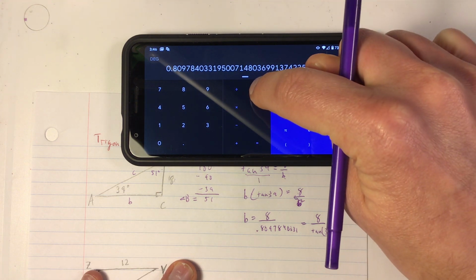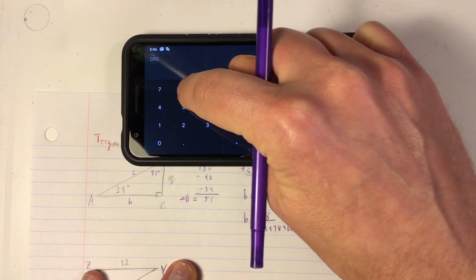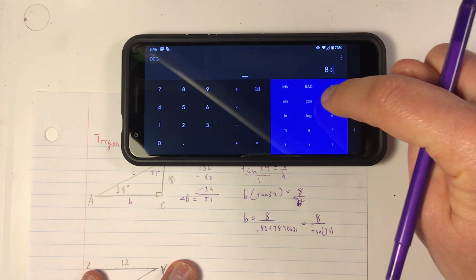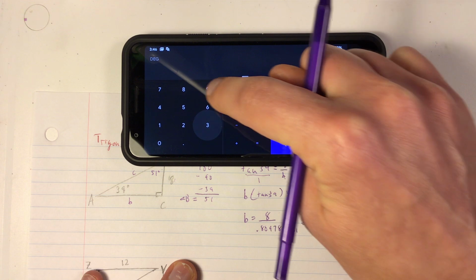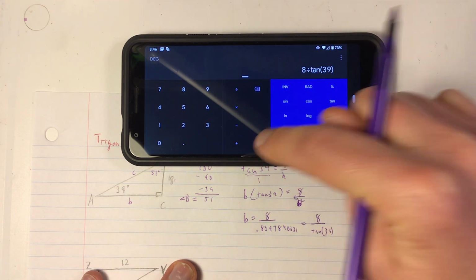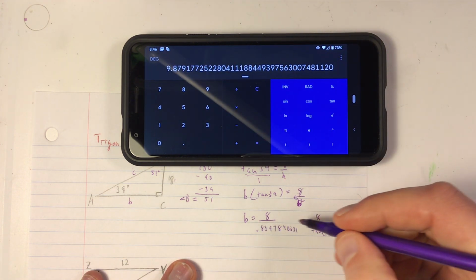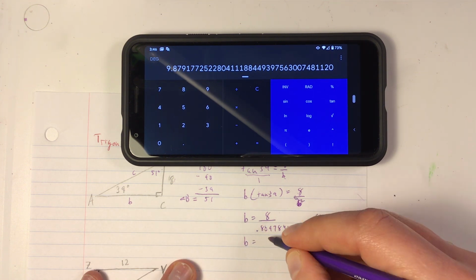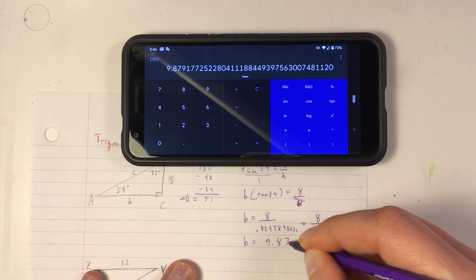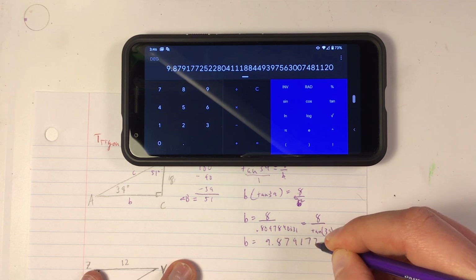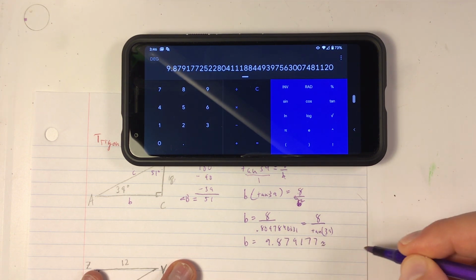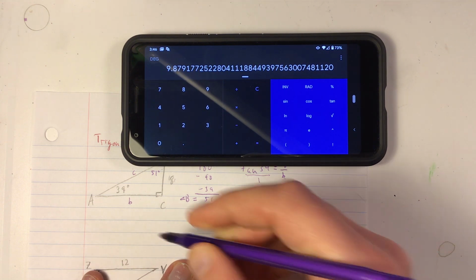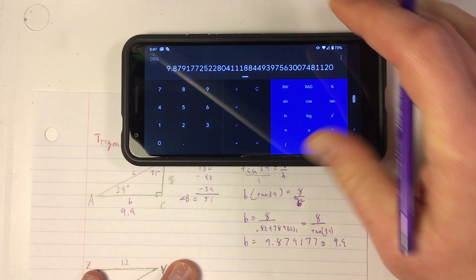And I do that, so let's see here. 8 divided by the tangent of 39, close the parentheses, hit enter, and the missing side b is equal to 9.879177. And we're just going to round to the nearest tenth on this and say it's about 9.9. So this side is 9.9.